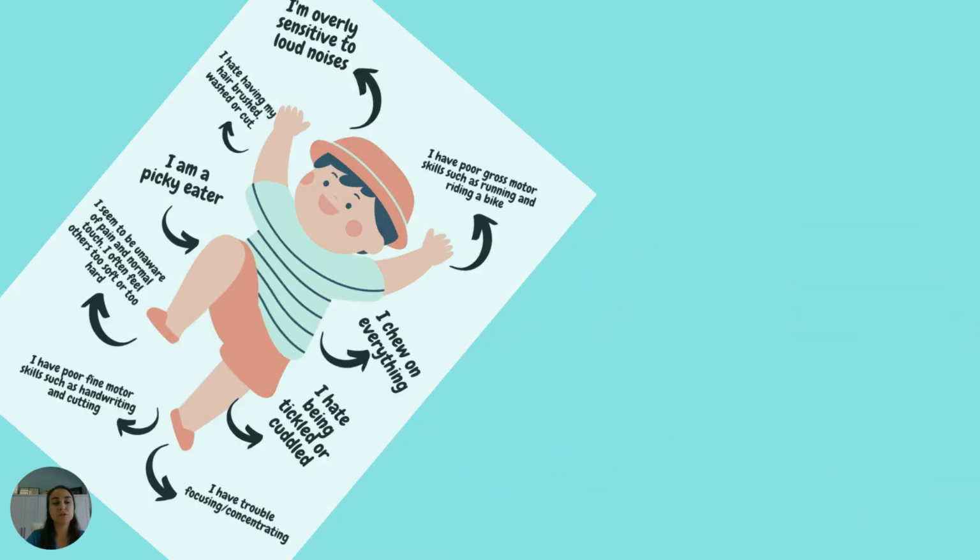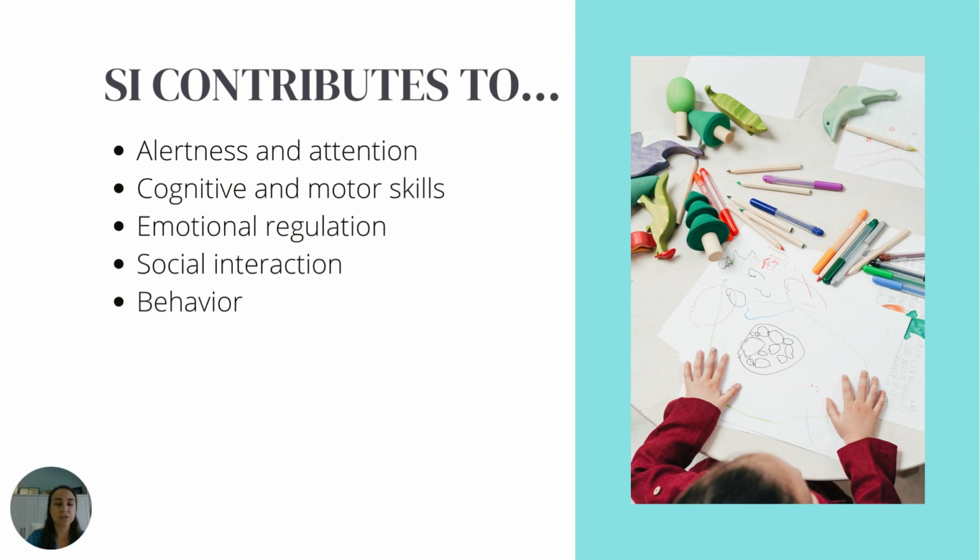So it's important to note that sensory integration contributes to our level of alertness and our attention. Sometimes when children have sensory difficulties, they find it more difficult to attend to you during a lesson or concentrate in the classroom, especially when there is a lot of stimulation around, which often occurs in a classroom setting, right?